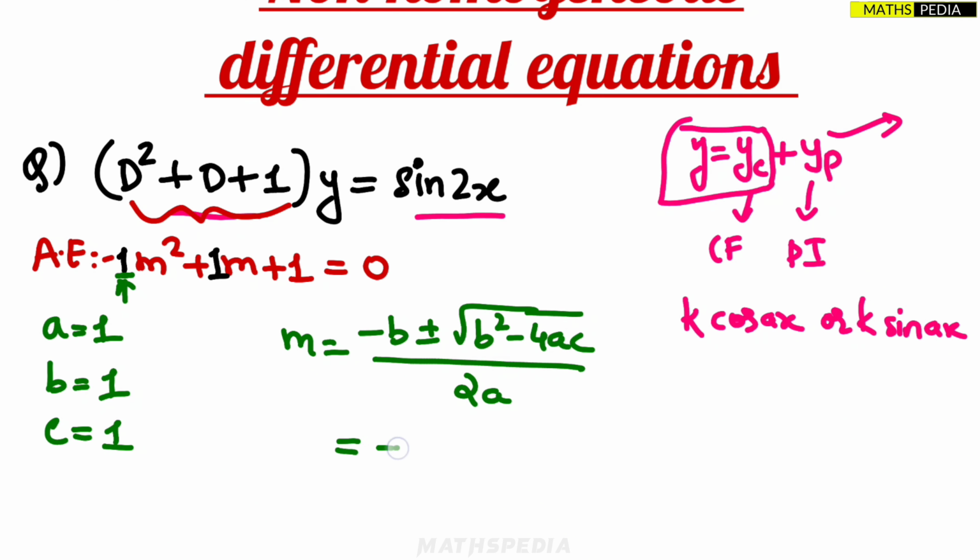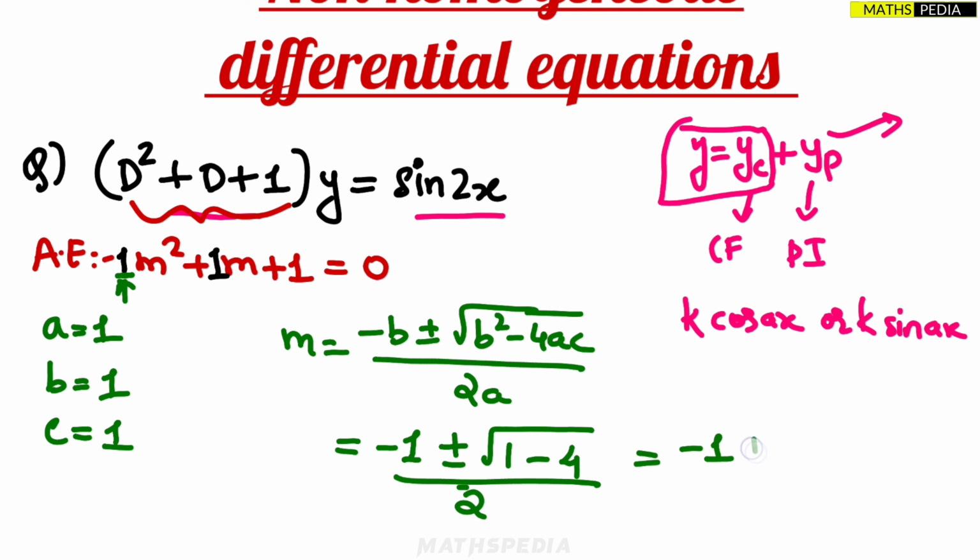So if you substitute, it will be minus 1 plus or minus square root of 1 square is 1, minus 4 into 1 into 1 is 4, divided by 2 into a, which is 2 into 1 is 2. So you will be getting the answer as minus 1 plus or minus square root of minus 3 divided by 2.